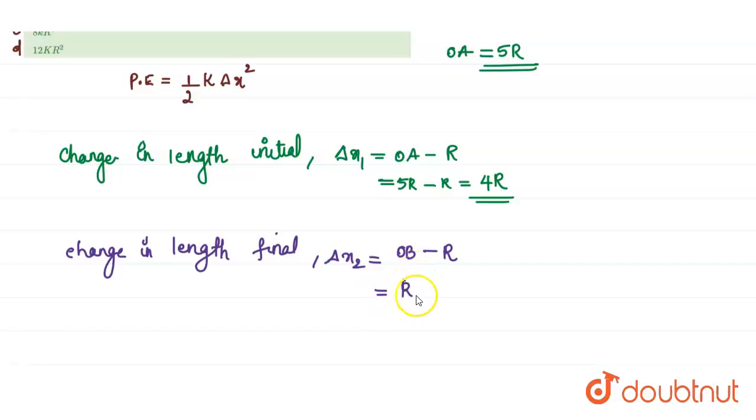OB is R, so R minus R is equal to 0. So at the final position there is no change in the length of the spring.